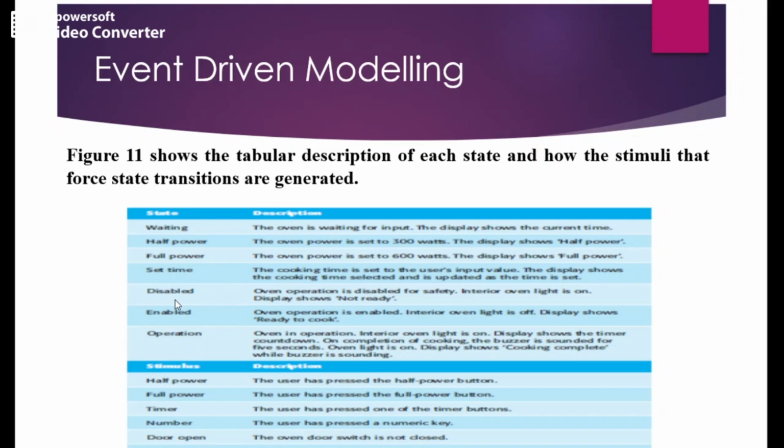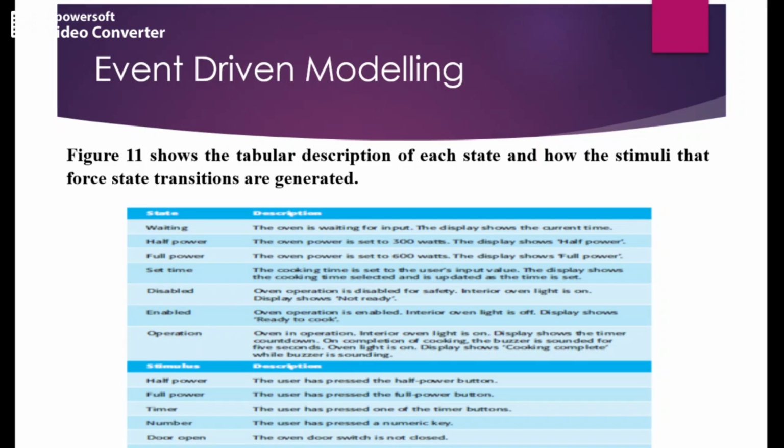Next state is disabled. Oven operation is disabled for safety. Why? If the oven's door is open and you want to cook the food, then it's not possible.